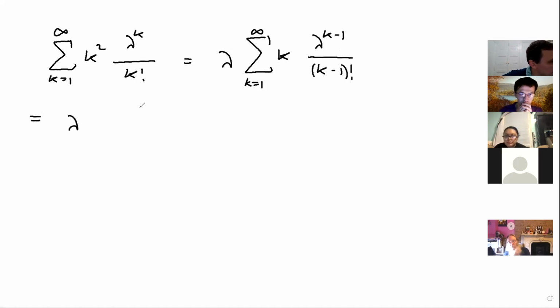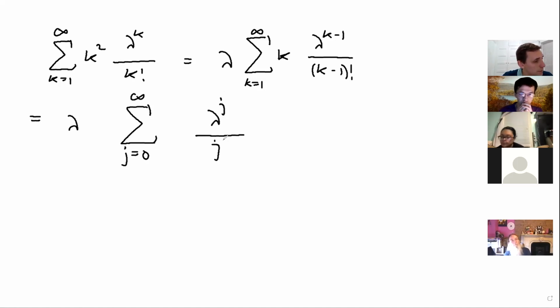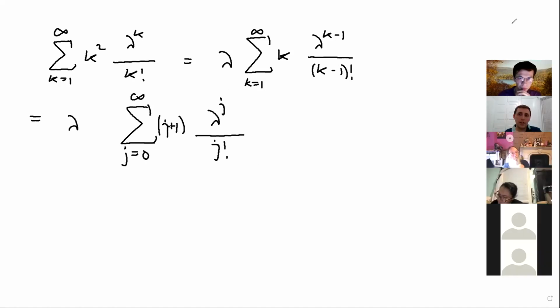Then I can write this as the sum from j equal to 0 to infinity of lambda to the j divided by j factorial. Agreed? Yes. But if this is j, then this is j plus 1. You agree with me, guys?